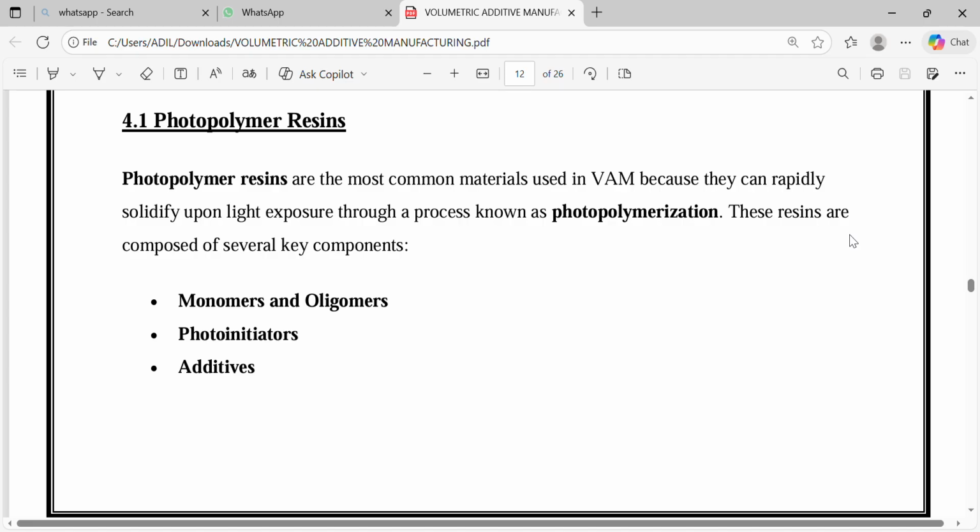Monomers mean single units and oligomers mean short chains, which are used in various printing and coating applications. Second is the photoinitiator, which triggers the polymerization reactions activated by specific wavelengths. It is the key component in photopolymerization. It is used in various 3D printing and coating processes.